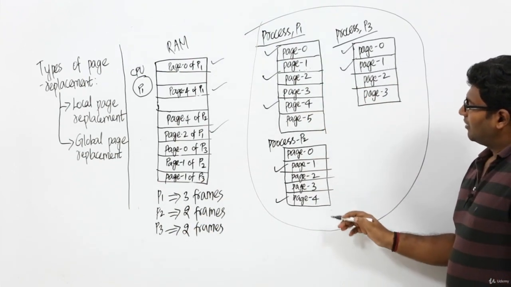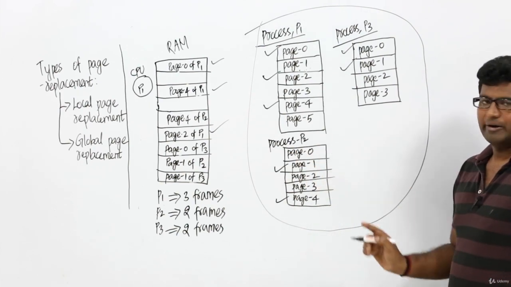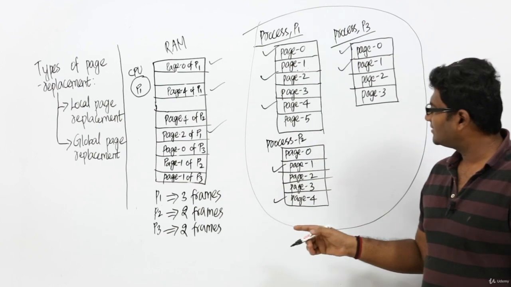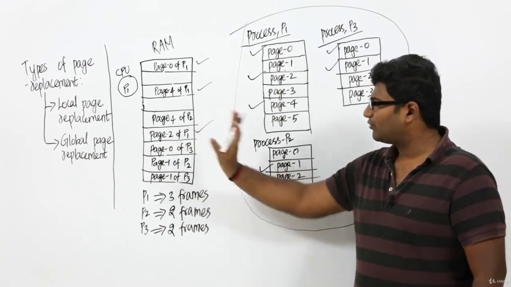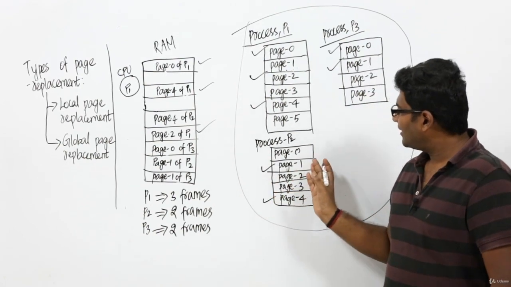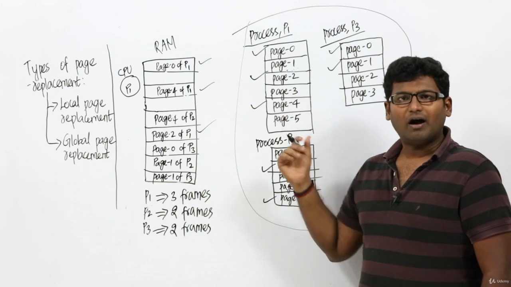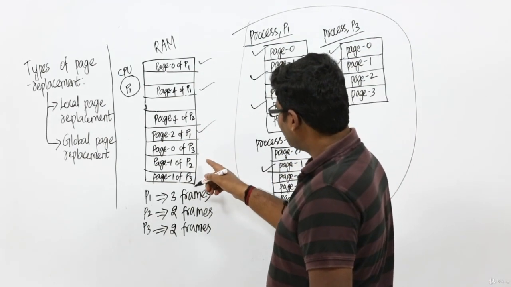Similarly, see here, in process P2, we have page number 1 and page number 4 inside the RAM already. Now, in case the CPU requests a byte in page number 0, page number 0 has to be definitely moved into the RAM, right? Now, can I place it in any random frame, or can I place it only in the frames of P2?